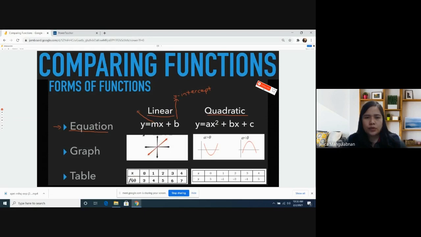There's no space at the bottom, so we'll just use the top. Take note of that. The standard form is written in the slope-intercept form, where m is the slope and b is the y-intercept.